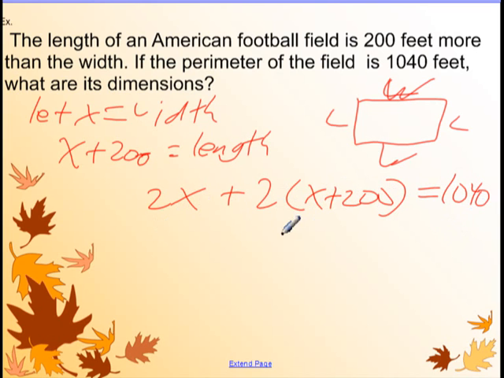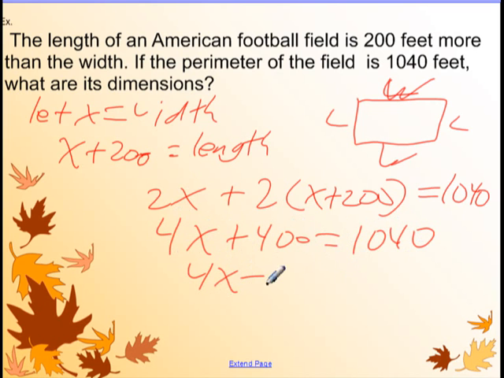Now we can solve that algebraically. That ends up being 4x plus 400 equals 1,040. Subtract the 400, which is 640. So x equals, sorry, 160. So x equals 160.